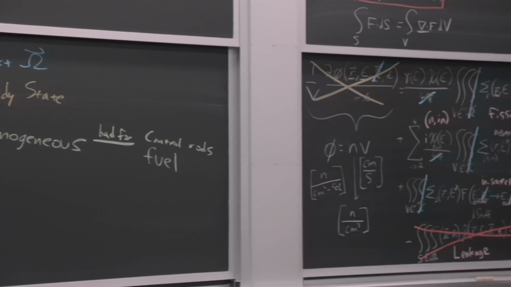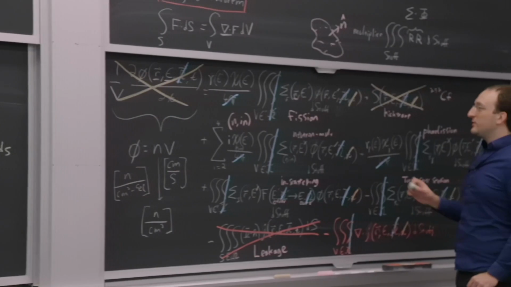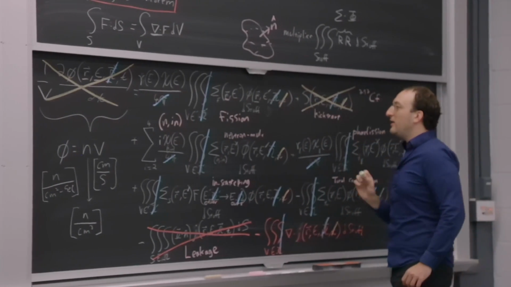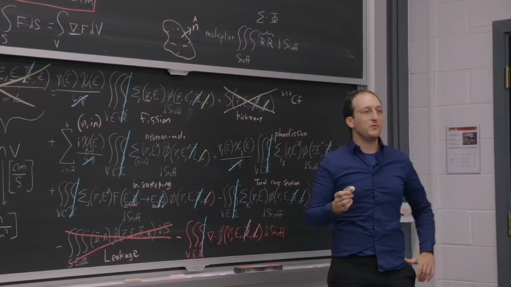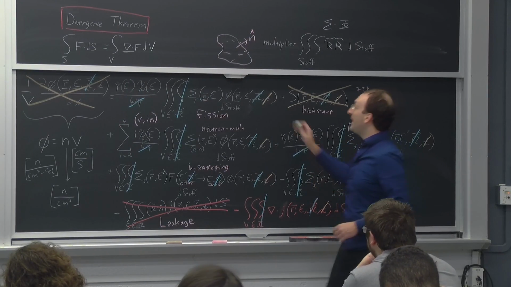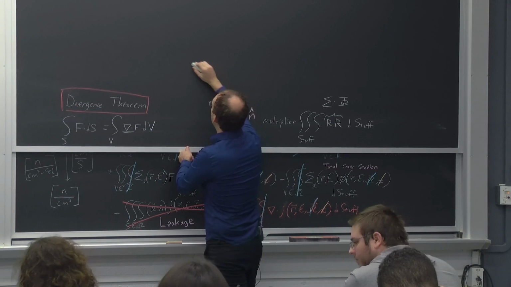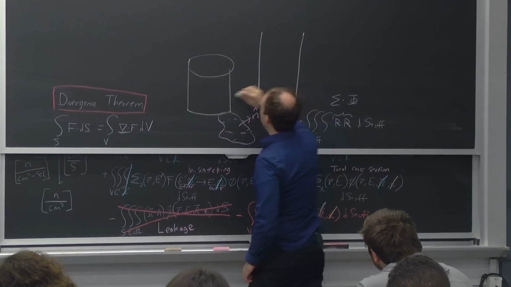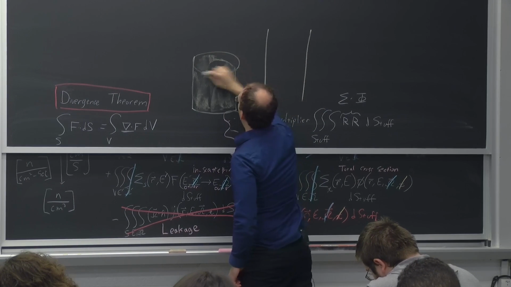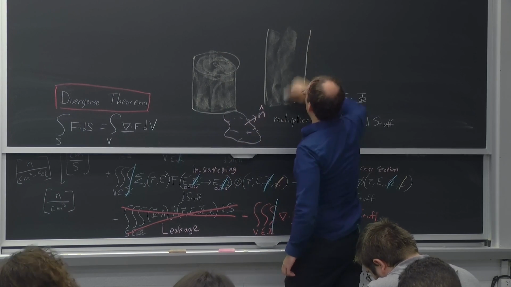Even if we assume homogeneity, we cannot necessarily get rid of the R in the flux, because even if the reactor is homogeneous, it still might have boundaries. So you might be able to approximate it as just a cylinder or a slab of uniform materials.